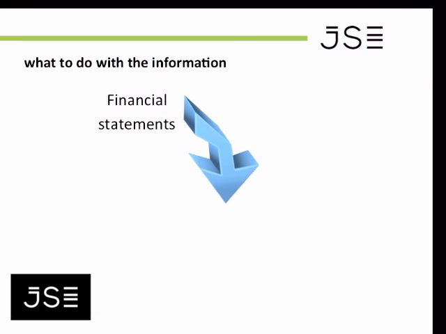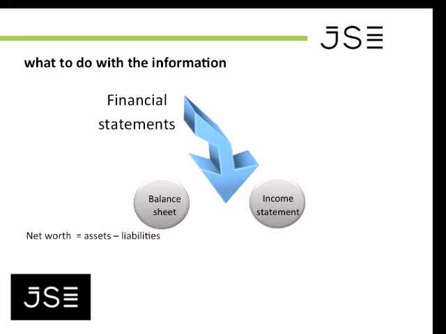Typically, you would look at the balance sheet. And the balance sheet is where you get information about the net worth of a company. So net worth is simply all the assets of the company minus all its liabilities. Another useful financial statement is the income statement.